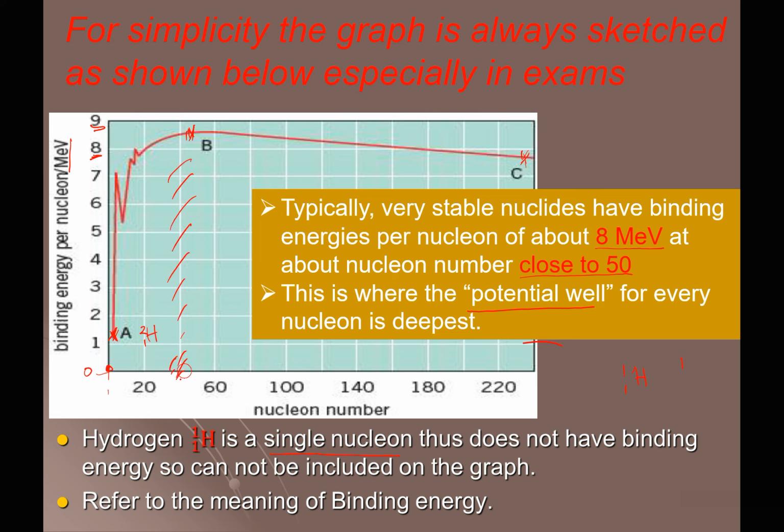In other words, the nucleon number should increase to around 50 something so that the nucleus has a higher binding energy per nucleon. And if it has a higher binding energy per nucleon, then it is most likely going to be very, very stable.